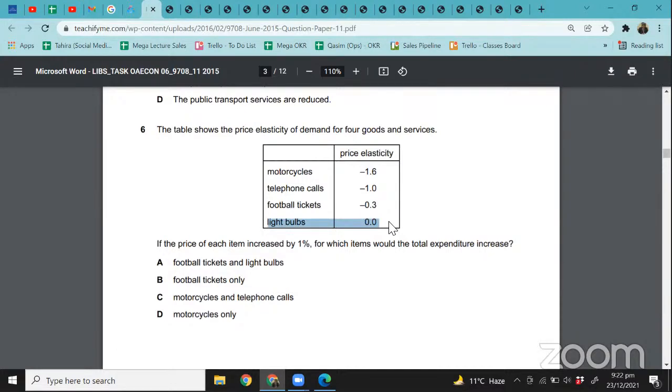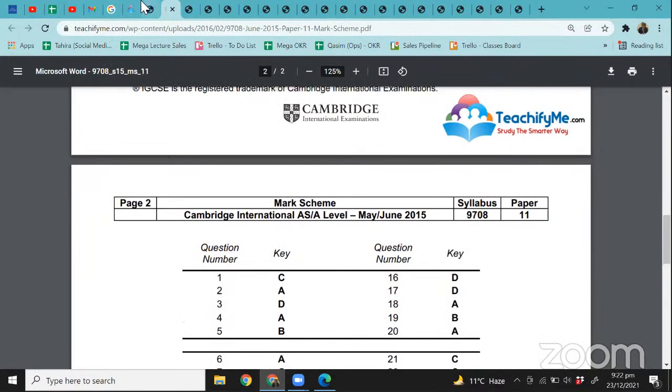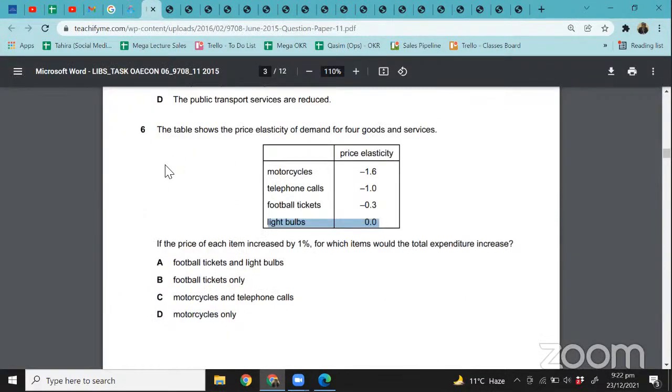I did tell you that in the case of perfectly inelastic and less elastic, your total revenue should increase. So let's see what the answer is. It's A. Light bulbs and football tickets.